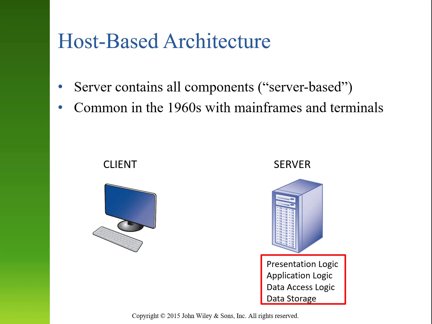They could see things on their screen, and they could type things with their keyboard that would then be sent to the server. So one device was responsible for the presentation logic, the application logic, the data access logic, and the data storage, not just for an individual, but for all of the individuals that were using that particular device.